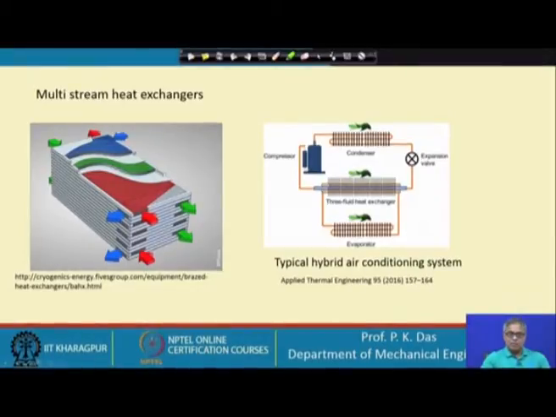So, basically there will be 2 liquids and one gas, which is air, and with these 3 fluids we can have a 3 fluid heat exchanger. I have given the reference. If somebody is interested in this very interesting kind of heat exchanger, one can see the details from the reference itself.